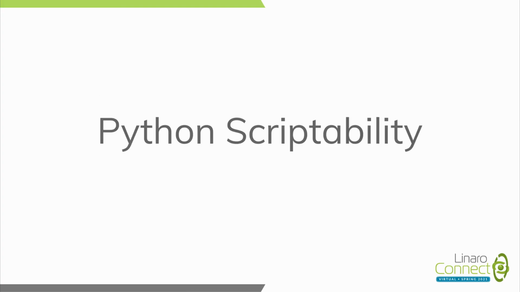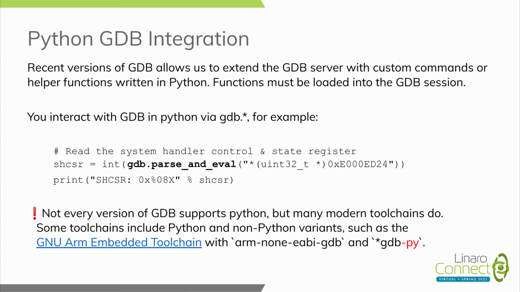That brings us to the interesting question of how we can automate some of these steps. Recent versions of GDB have integration with Python, so you can actually write your own scripts and functions directly in Python. This can be very powerful, especially if you need to parse specific bits or combine different values. You can write very rich helper functions, things that you would not easily be able to do in a graphical IDE.